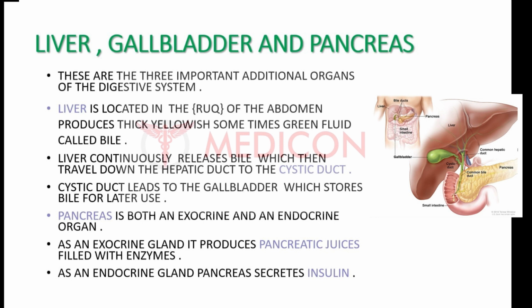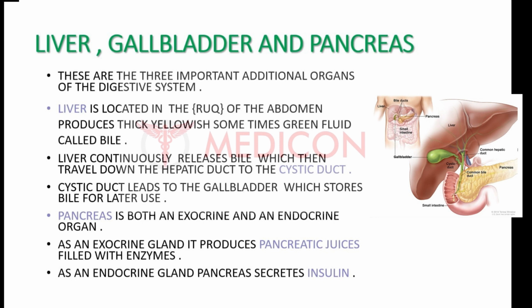After meals, in response to the presence of food in the stomach and duodenum, the gallbladder contracts, forcing the bile out the cystic duct into the common bile duct, which joins the pancreatic ducts just before the entrance to the duodenum. The duodenum thus receives a mixture of bile and pancreatic juices.